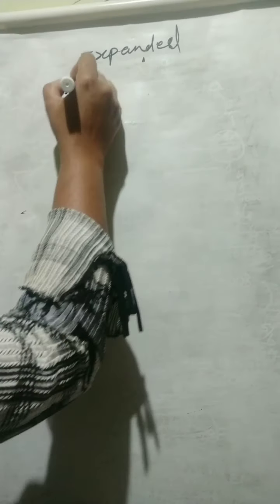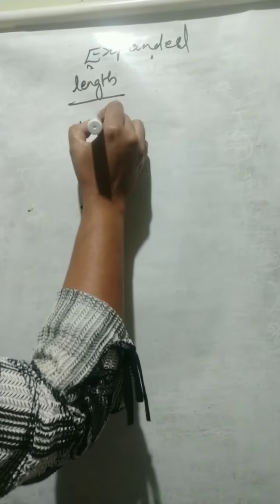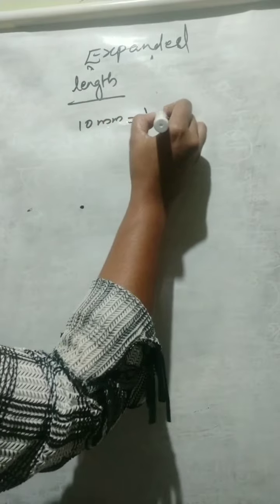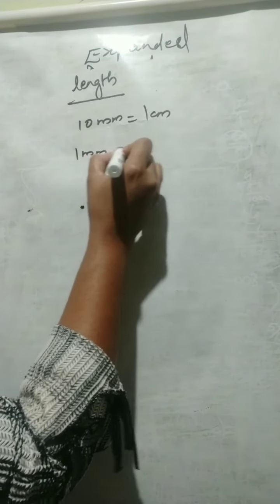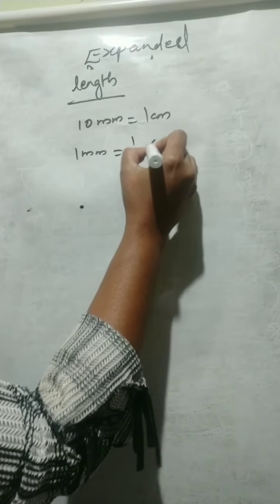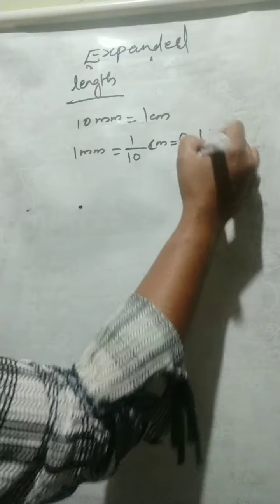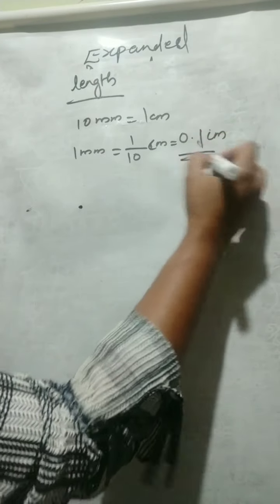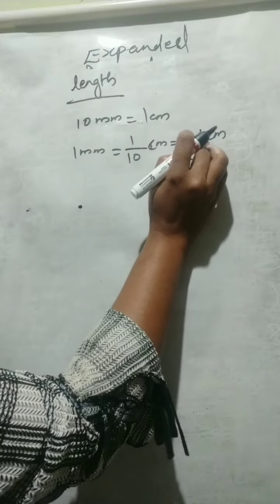In case of length, we know 10 millimeter will be 1 centimeter. So we can say 1 millimeter will be 1 on 10 centimeter. That is equal to 0.1 centimeter. So after the decimal point, we have to keep 1 digit.